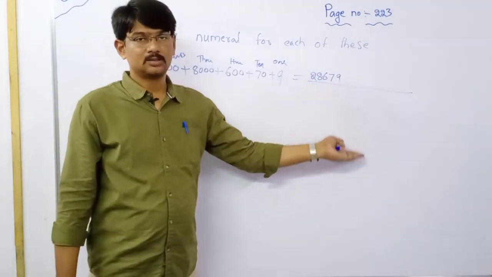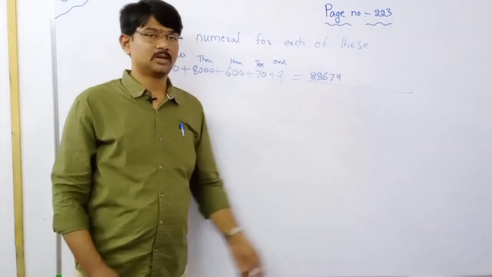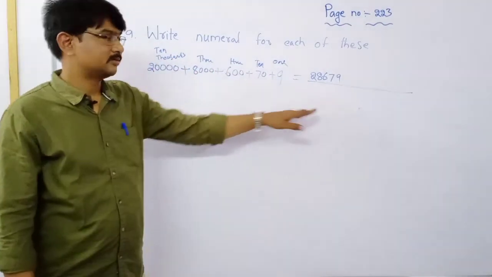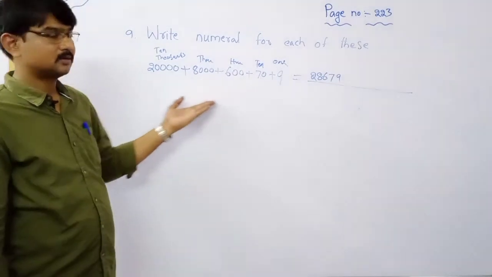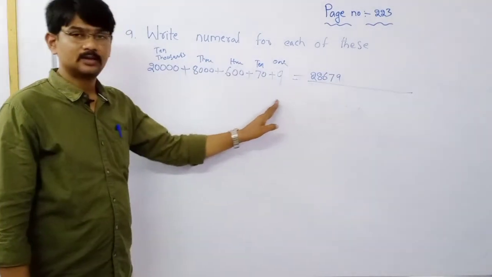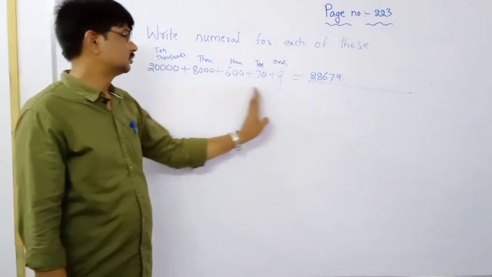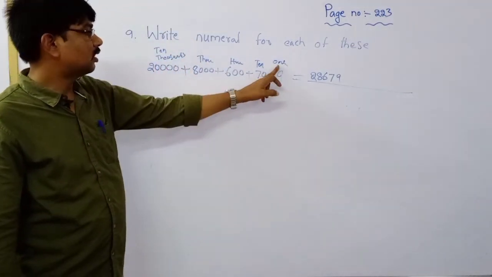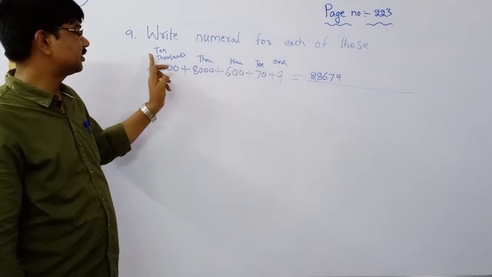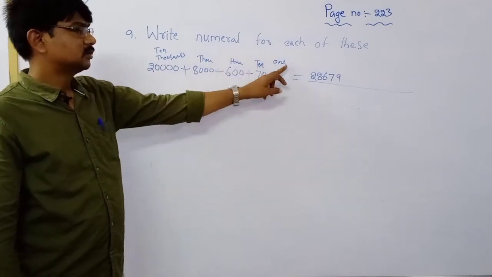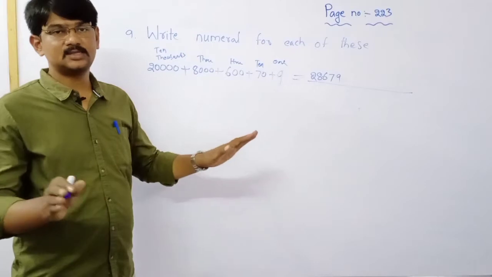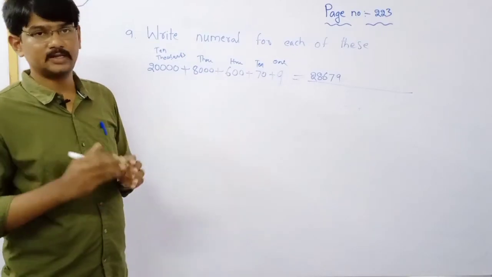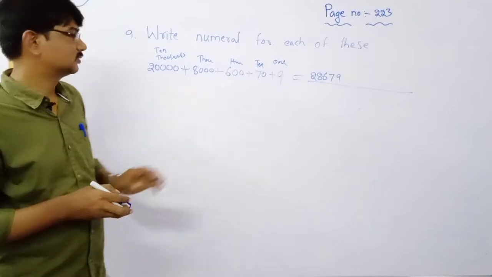This is what writing the numeral is. Expanded form is given here. In this case, all the places are given. If some place is missing, if some place is not given, how to write? Let us see.